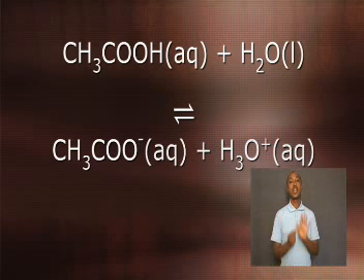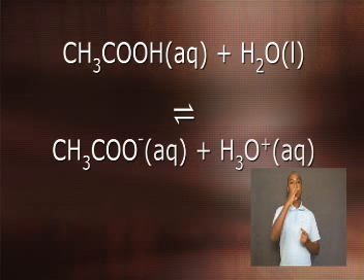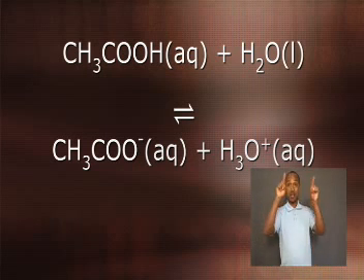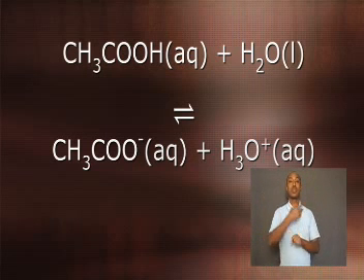For example, organic acids that contain the acidic carboxyl group, COOH, are often weak acids. Acetic acid, as you can see here, ionizes slightly in water to produce hydronium ions and acetate ions.